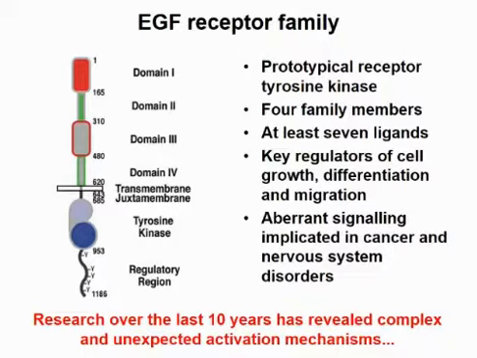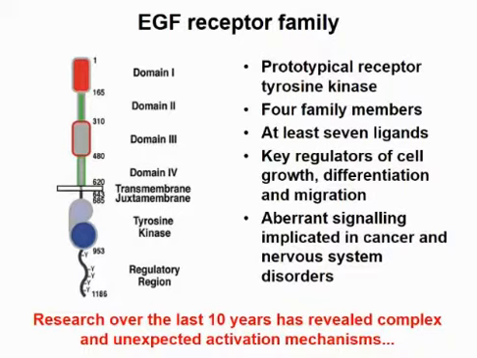They have a complex set of ligands, so 7 different ligands, and they're really important for regulating the growth, differentiation and migration of epithelial cells, which of course are so important throughout the body. And as I've already said, aberrant signaling has been implicated in cancer and also in some nervous system disorders.